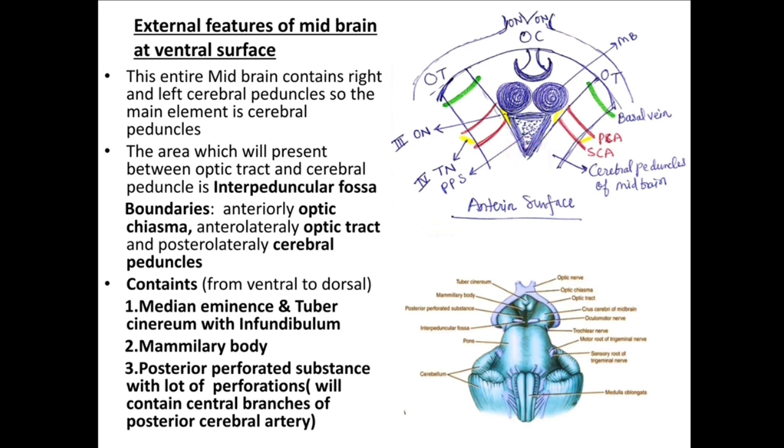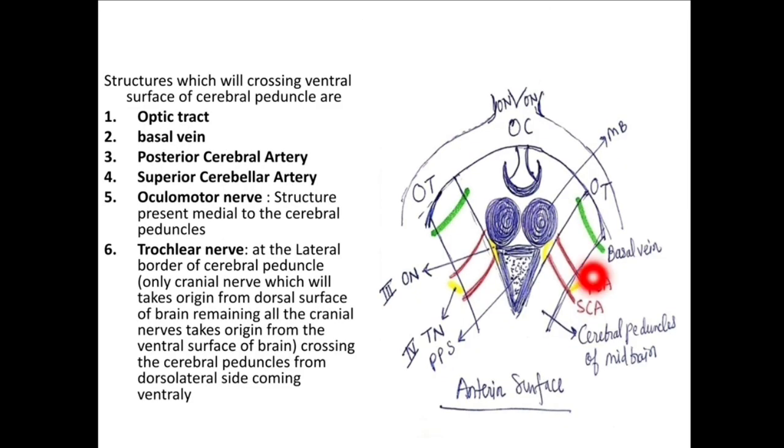Along this ventral surface, the structures crossing the cerebral peduncles ventrally are, most laterally, the optic tract, then medial to it the basal vein. Third is the posterior cerebral artery.